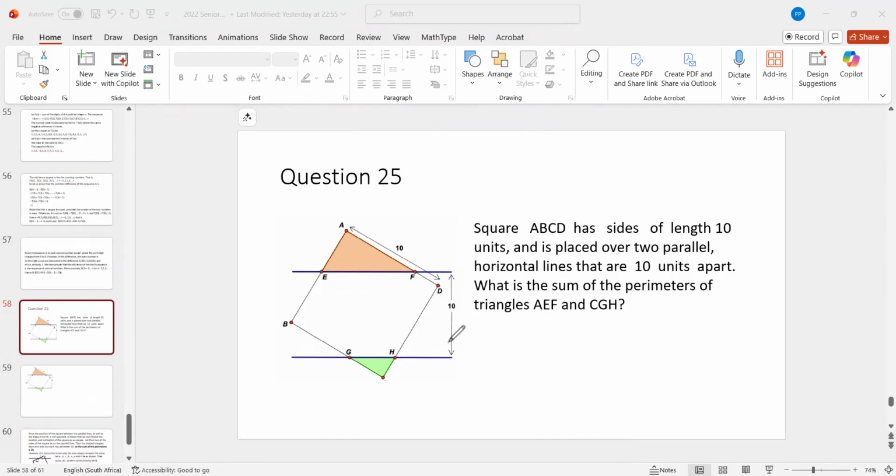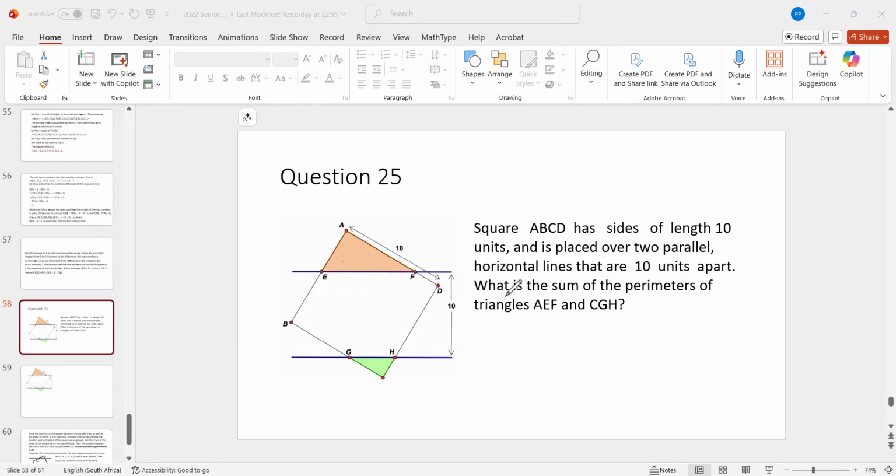So these 2 horizontal lines are 10 units apart, but the square is tilted like this, and there is a triangle jutting out on that side, and this triangle jutting out on this side.